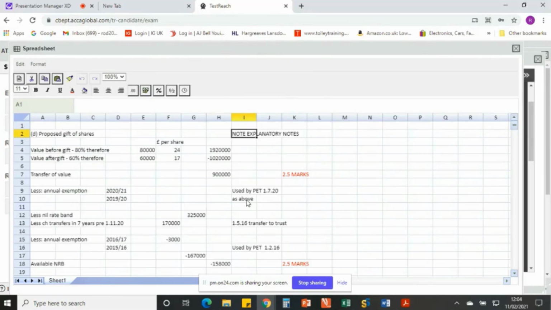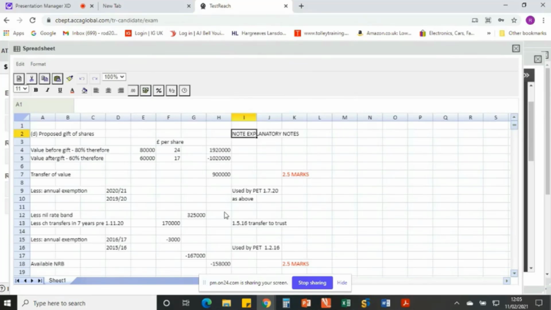Okay. Then the nil rate band is 325,000, and it's used up by transfers in the preceding 7 years. Another key point is you don't count pets at this point because they haven't become chargeable, and they might never become chargeable. You're only looking at chargeable transfers. So the only transfer to take into account is that gift of cash to the trustees of 170,000 on 1 November 2020.